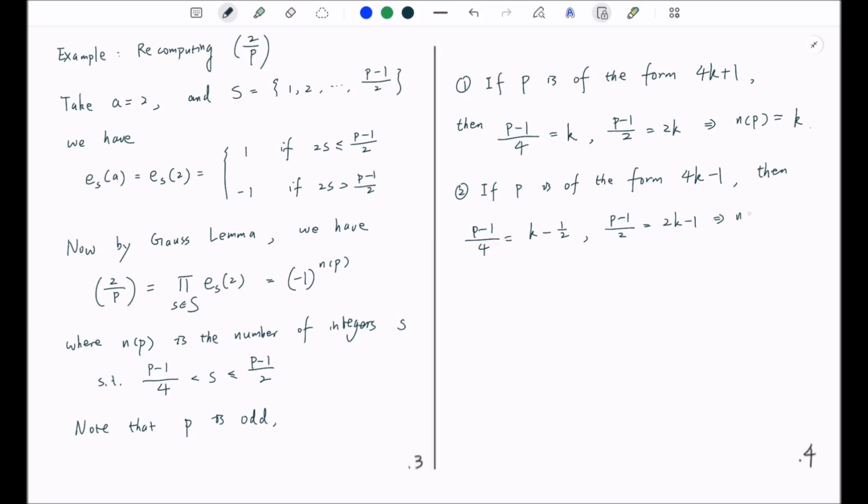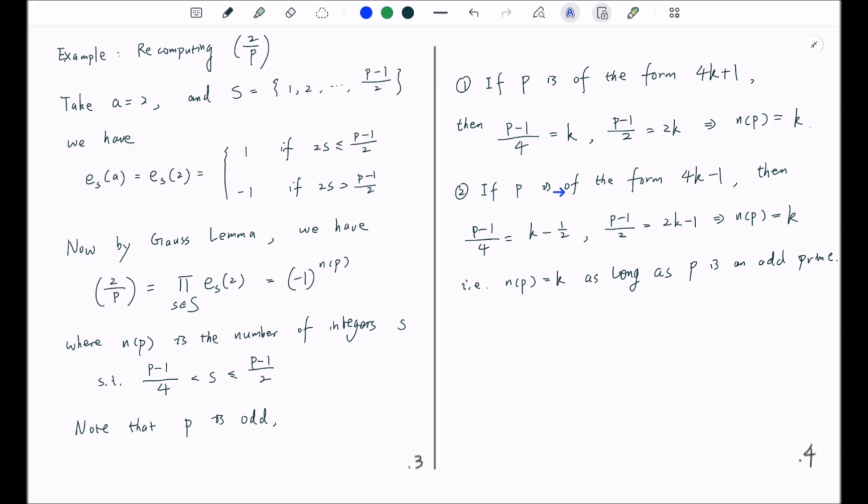And this implies n(p) is still equal to k. Because the integers strictly bigger than this and less than or equal to this are the integers k+1 all the way to 2k-1. And if you count them, they are precisely k many. So n(p) is equal to k. This tells us n(p) is equal to k as long as p is an odd prime.